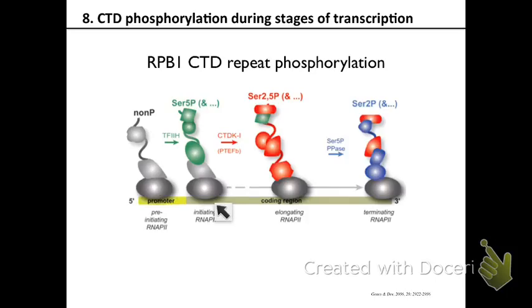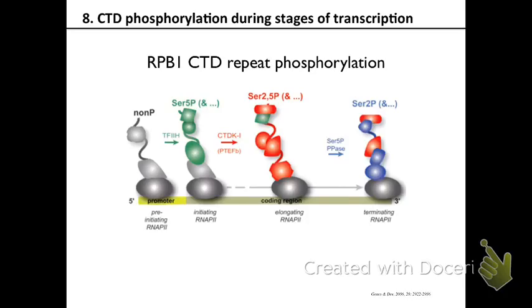Once RNA pol 2 starts initiating transcription, serine 5 at the CTD becomes phosphorylated. When the RNA polymerase transitions into an elongating state, an additional phosphorylation site, serine 2, gets phosphorylated, and towards the end, serine 5 gets dephosphorylated, and you have RNA polymerases with CTDs that are phosphorylated at serine 2.